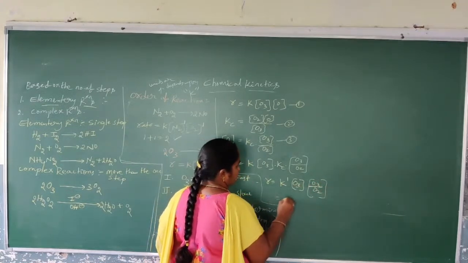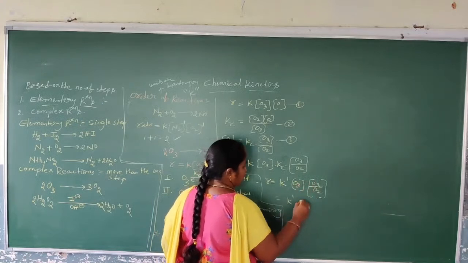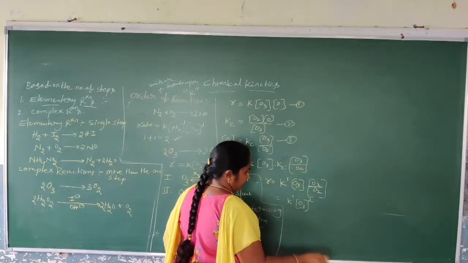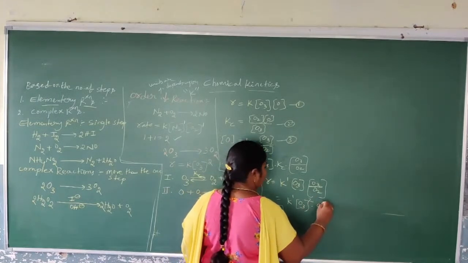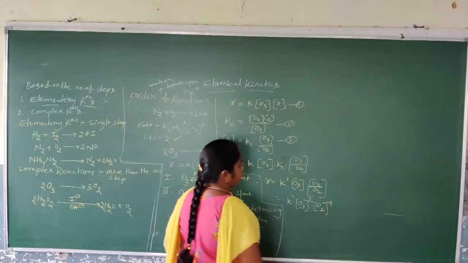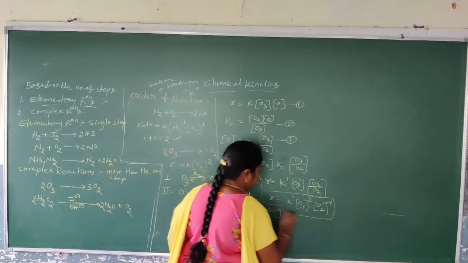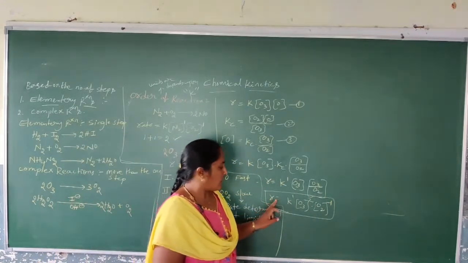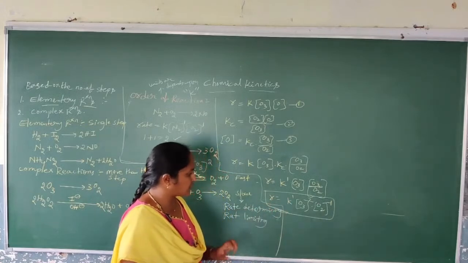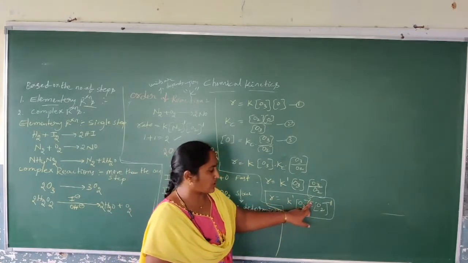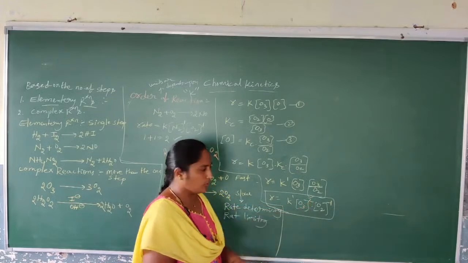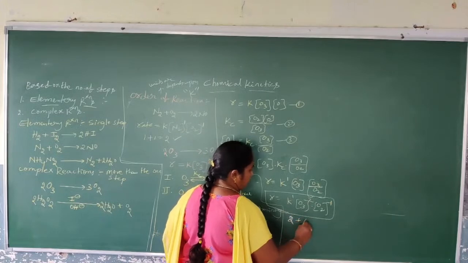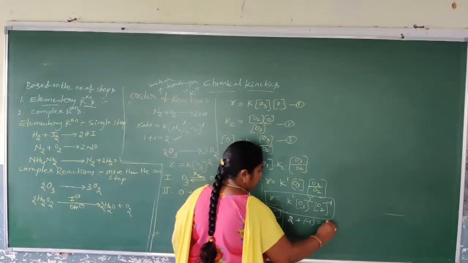O3 into O3 is O3 square. O2 is in the denominator, so its power is minus 1. The total order is 2 plus minus 1, that is 1.